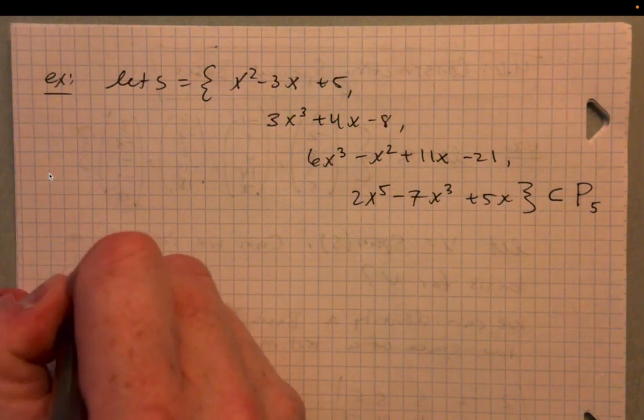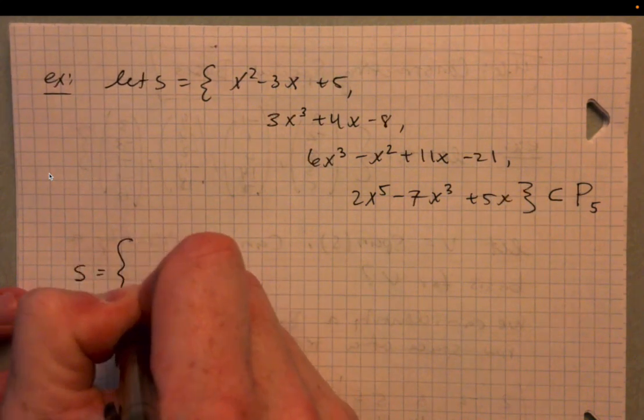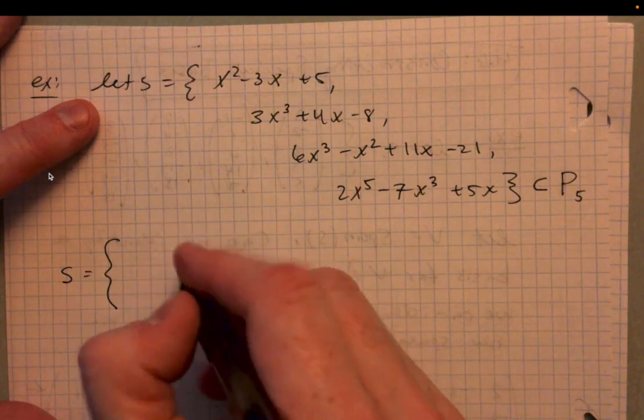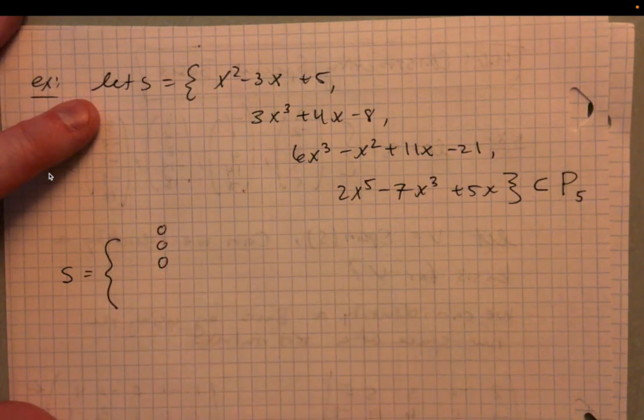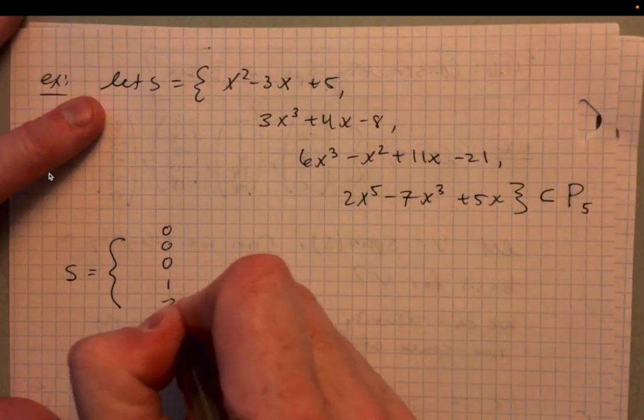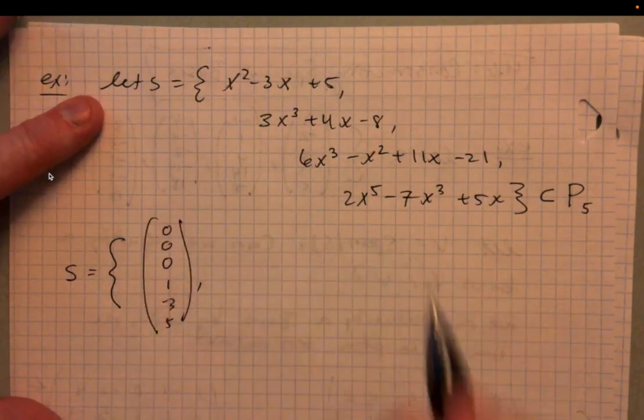So we can rewrite S as a set of vectors. For example, the first one we could write as 0, 0, 0, 1, negative 3, 5. Okay, so we just write it as a vector.